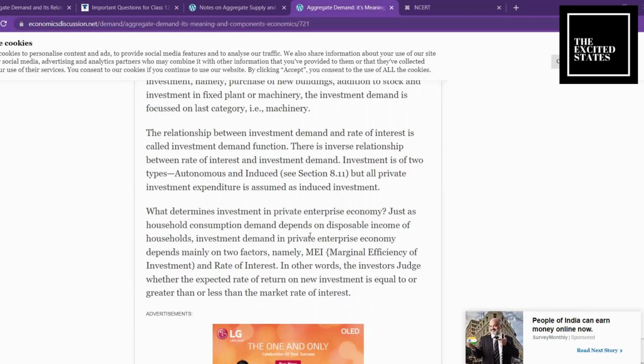That means how the demand goes up and down with the changes of the rate of interest. Understood? Yes, ma'am. Okay. So there is an inverse relationship between rate of interest and investment demand.